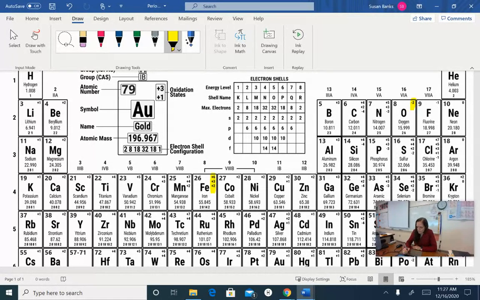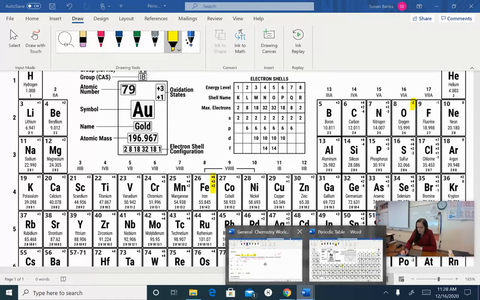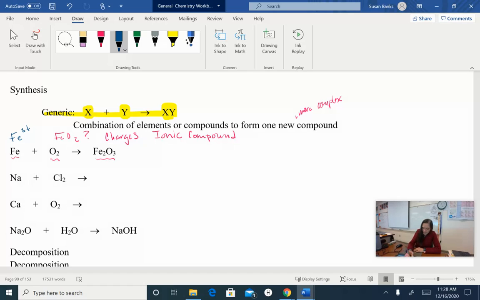Okay? So when we look at this, we're going to say that iron has the +3 charge, and oxygen has that -2 charge. So how many irons do I need to put together with the oxygens that are -2 to make it all add up to 0?